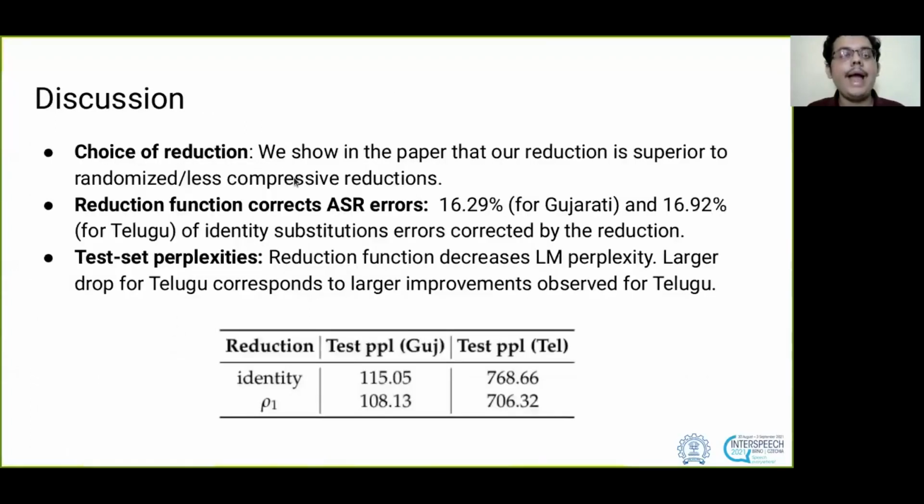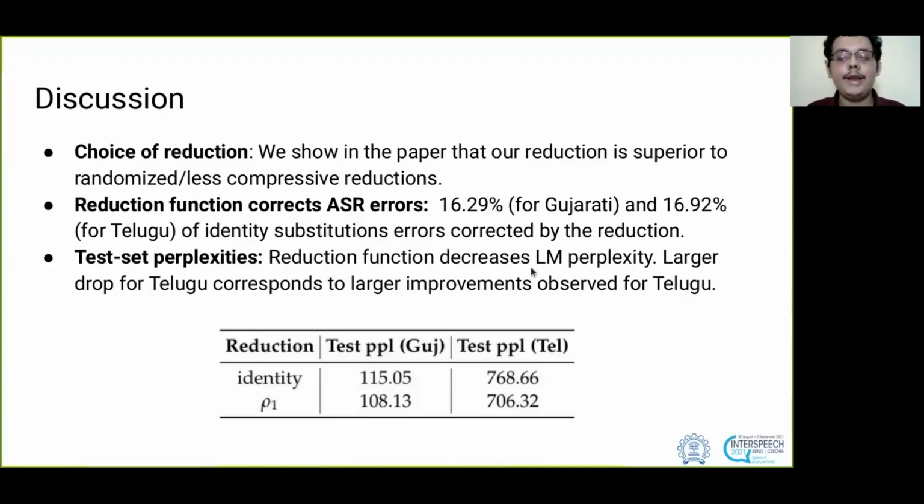Here are a few analyses and discussions. We show in the paper that our reduction is superior to randomized or even less compressive reductions. We show that the reduction function corrects 16.29% and 16.92% of the substitution errors caused by the identity system, and the reduction function decreases LM perplexity.